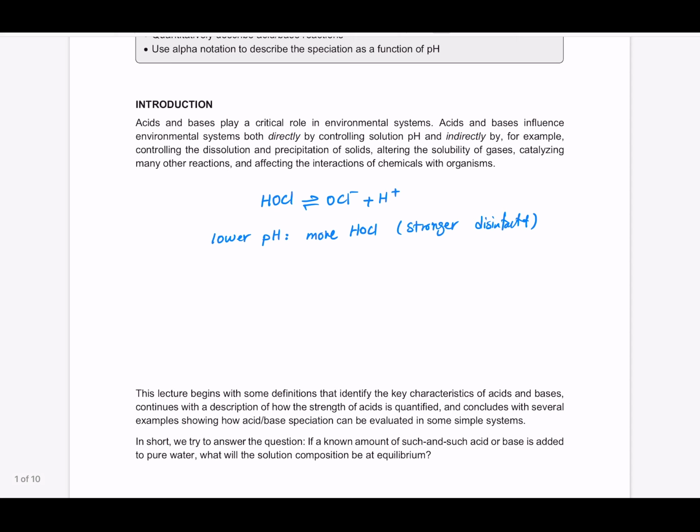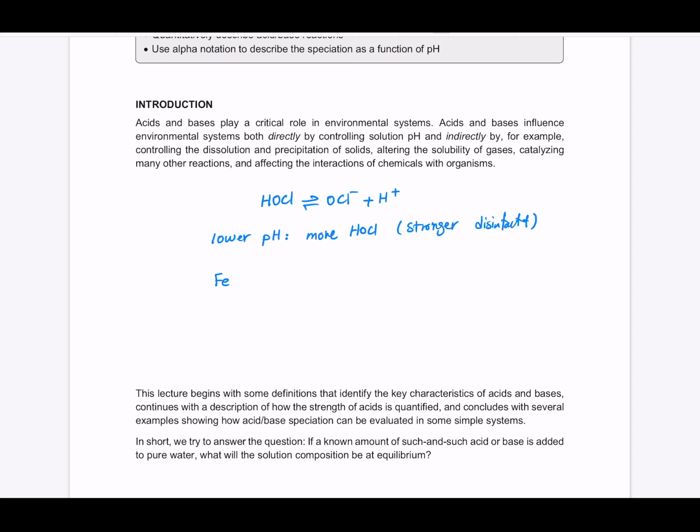Or something that later we're going to see in chapter 4 is the redox reaction. For example, if we have Fe2 plus plus a quarter of oxygen plus H plus, a very important reaction in environmental system, going to Fe3 plus plus water.